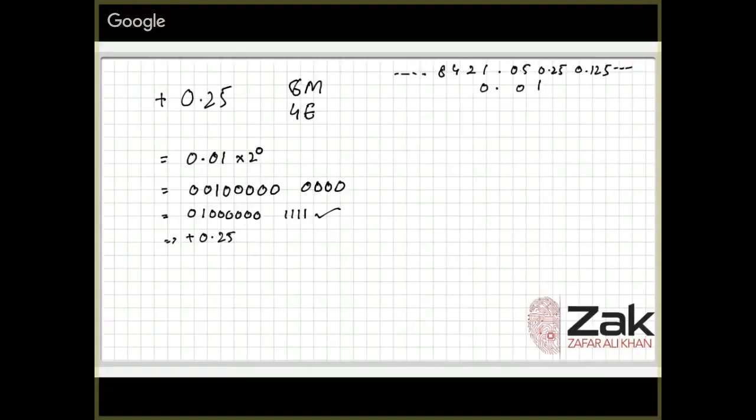Whenever we have a number which is less than 1, there are chances that the floating point number we get would be non-normalized. So we would have to normalize it. All right, so let's try this. Normalization obviously would come here.